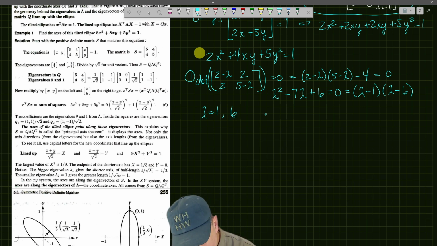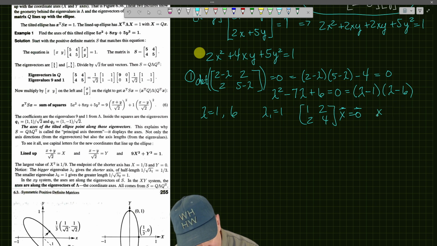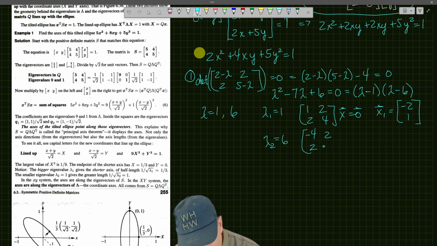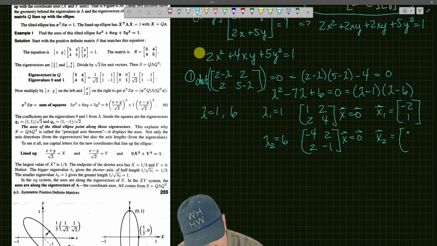In the case where lambda is equal to 1, we're solving for the null space of 1, 2, 2, 4 times the x vector equal to 0, and we can see that the eigenvector is going to be -2, 1. And in the case where we have 6, similarly, we're going to have -4, 2, and then 2 and -1 times x equal to 0, and our second eigenvector is equal to 1, 2.